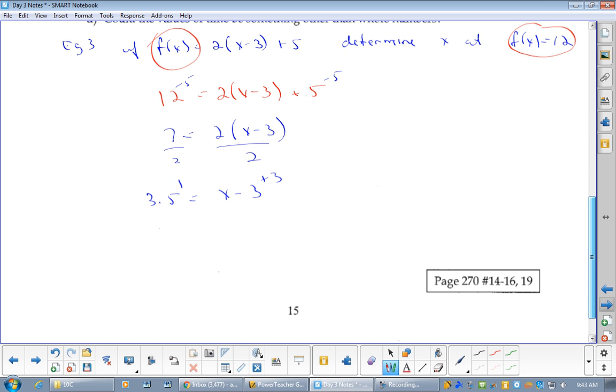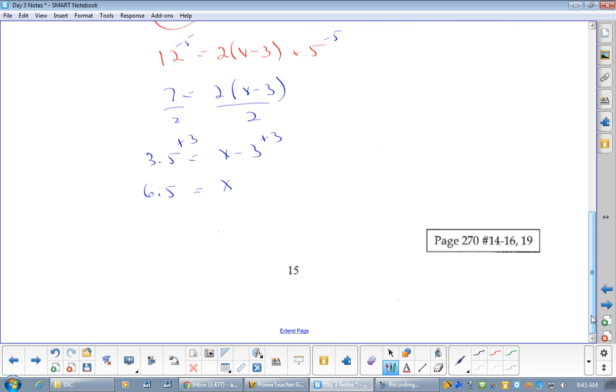Add 3, and you'll get 6.5 equals x. So the statement that you would write is f of 6.5 equals 12. That's saying, hey, this function, when you put 6.5 into it, gives you the answer 12. Gives you the y value of 12.